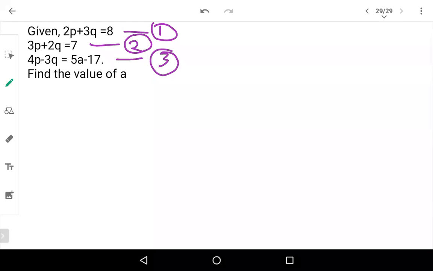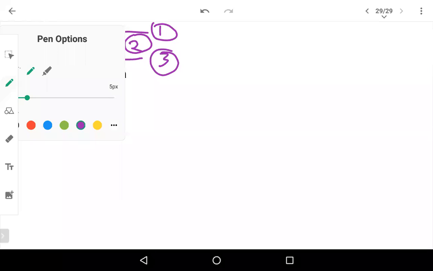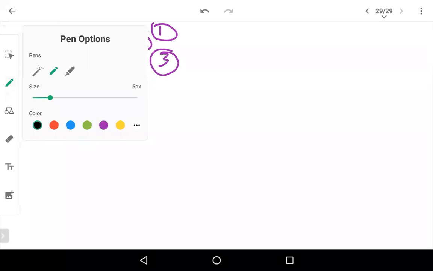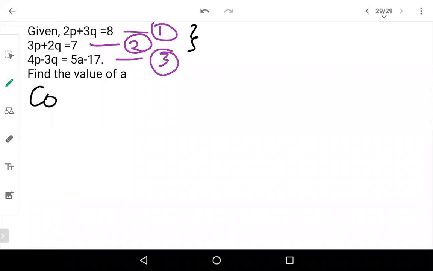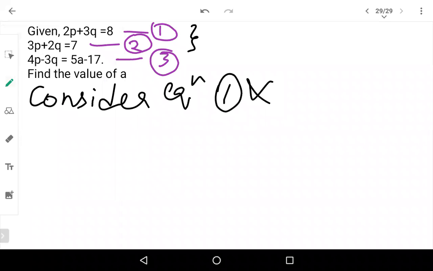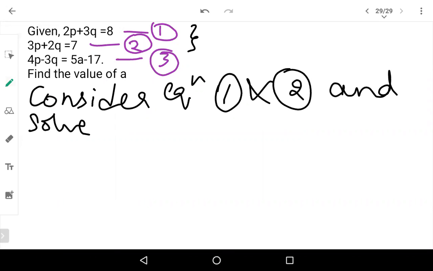Now let us solve this. Now what we will do, we will consider only two equations. So we will be considering the first two equations. So write down, consider equation 1 and 2 and solve simultaneously.